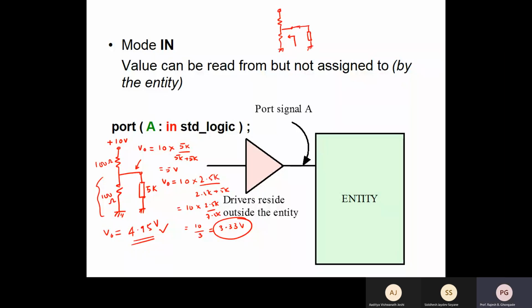So in our case, what is the output impedance? In the new case, network output impedance, if this is 100 ohms, this is 100 ohms, what is the output impedance looking from this terminal?